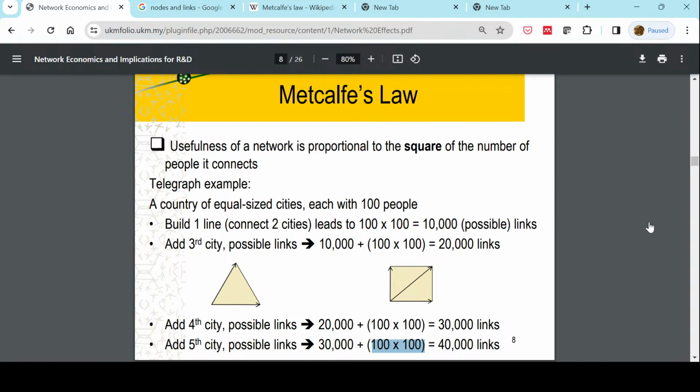So that's why network effects and complex systems are a study of non-linear economics, non-linear increasing returns economics, because of the power of 2.